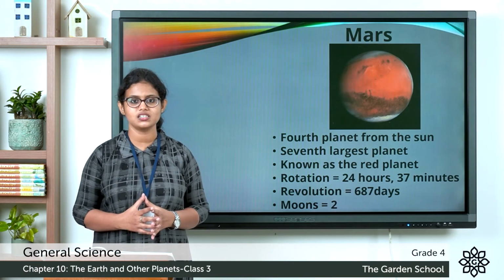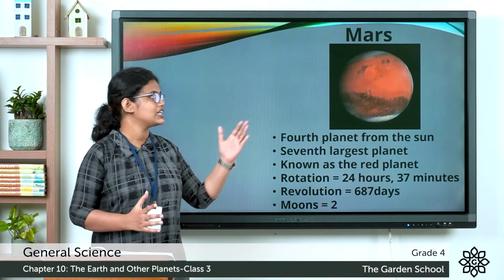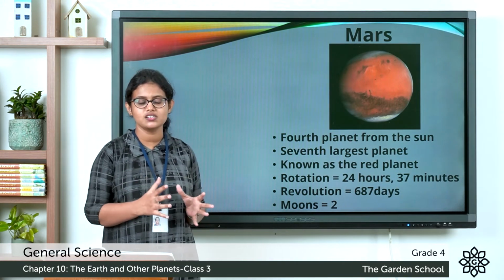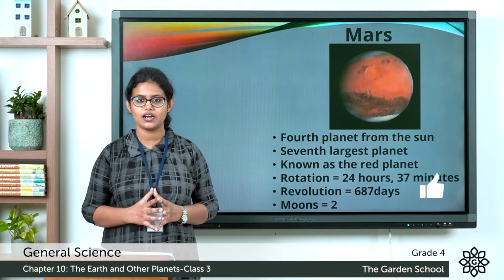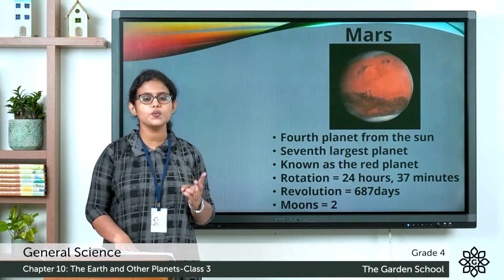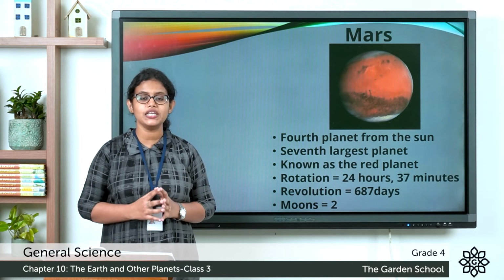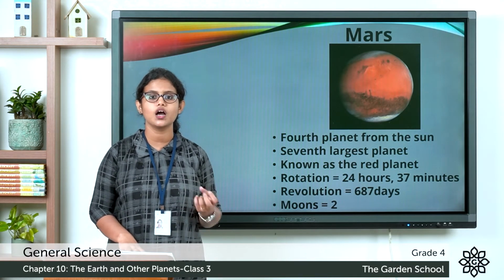This planet is known as the red planet because it appears reddish when viewed from Earth. Also, this planet has 2 permanent polar ice caps, and scientists believe that these poles get covered with ice during winter.